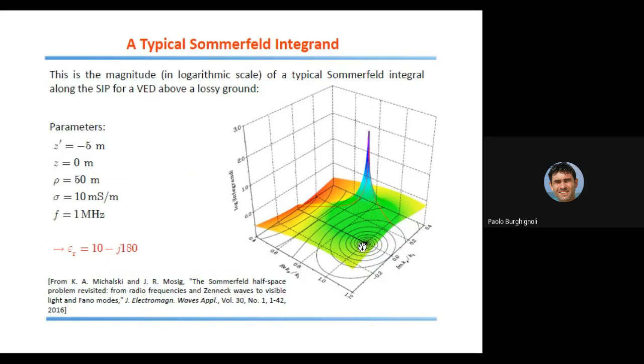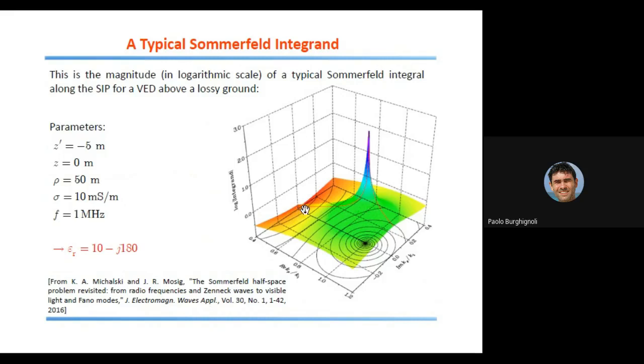You can see here the cut, the Sommerfeld cut, and here you can see the level lines of the absolute value, which concentrate around the Sommerfeld pole, which is very, very close to the wave number, which is located on the real axis with the abscissa 1, and of course the imaginary part is equal to 0 because we are in a vacuum.